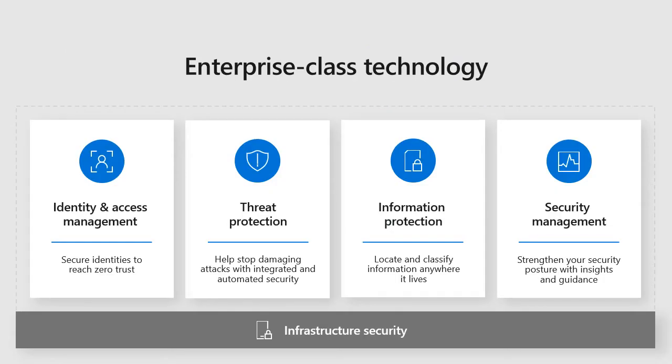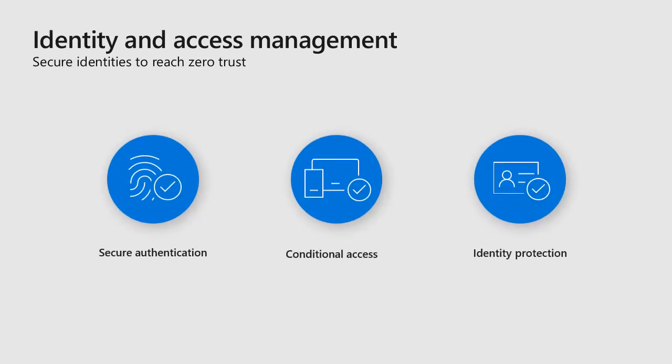Other than that, the second pillar is our enterprise-class technology for protecting our users across identity and access management, threat protection to help stop damaging attacks with integrated and automated security, information protection, and security management. When it comes to identity and access management, the centerpiece of this is Azure Active Directory.